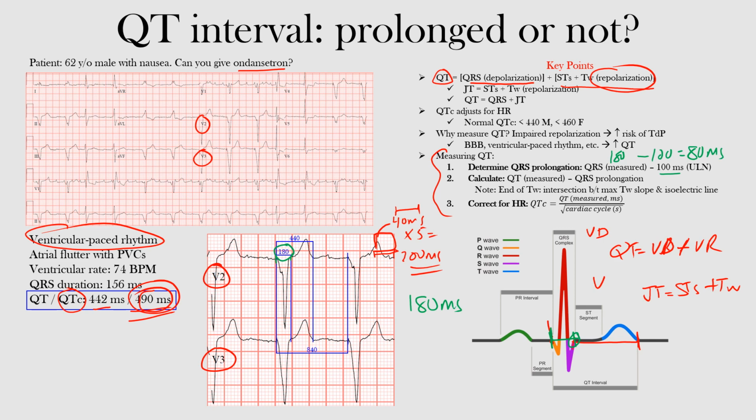In the next step, we want to subtract this number, what we found was 80, from the measured QT interval. So now you want to measure the QT interval, which we said is from the beginning all the way to the end of the T wave. If you look here, from the beginning to the end, we got 440 milliseconds.